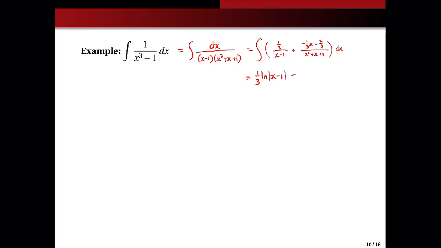And then in here, you factor out negative 1/3, and you will have the integral of x plus 2 in the numerator. In the denominator, you have x squared plus x plus 1, and then you have the dx.